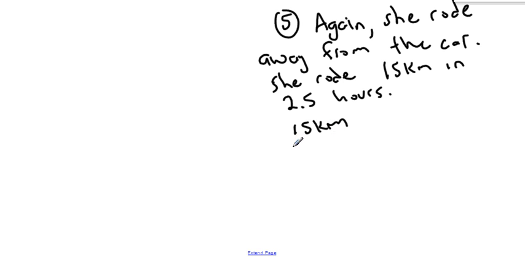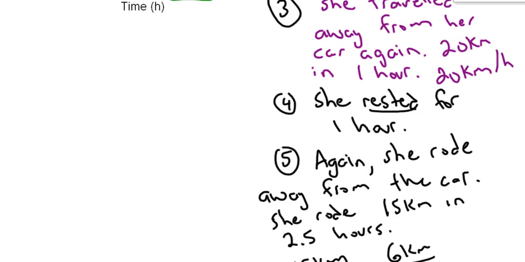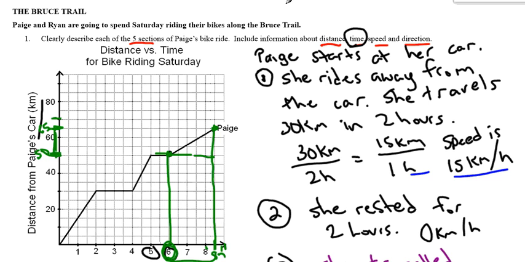So 15 kilometers in 2.5 hours, what would that be per hour? I'm just going to divide by 2.5 and discover that it is 6 kilometers in an hour. So her speed was 6 kilometers per hour. So that's how you would describe this journey.